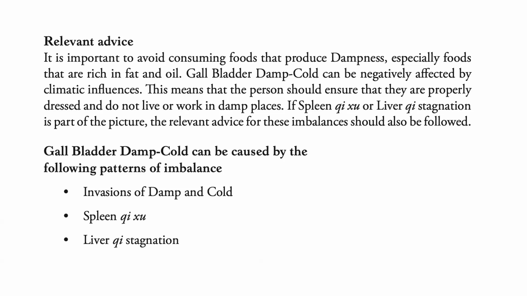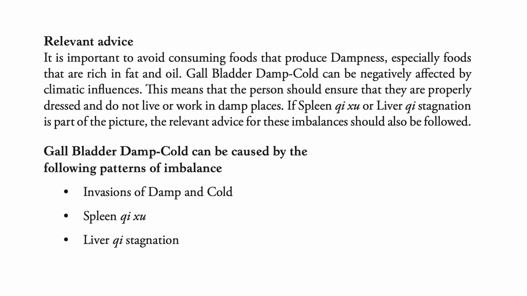For relevant advice, it is important to avoid consuming food that produces dampness, especially foods that are rich in fat and oil. Gallbladder damp-cold can be negatively affected by climatic influences. This means that the person should ensure that they are properly dressed and do not live or work in damp places.